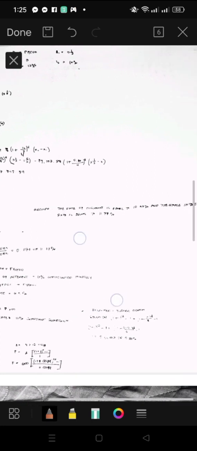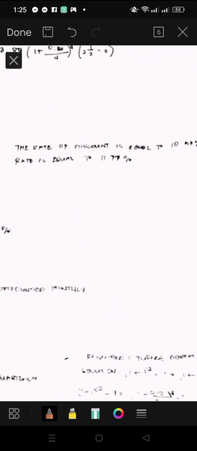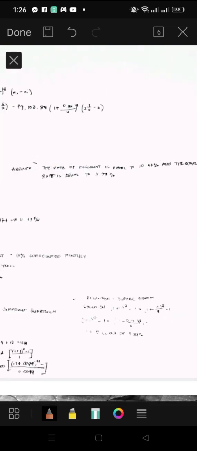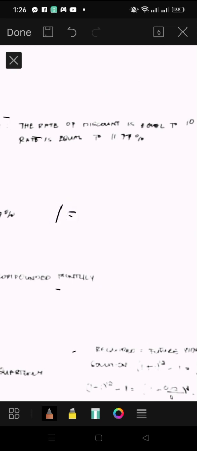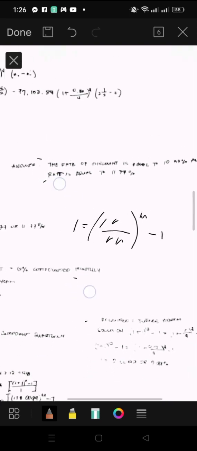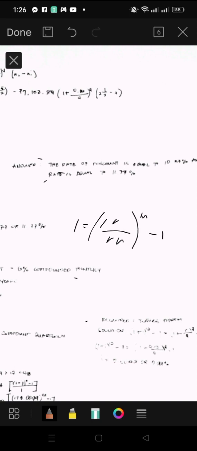So the solution is I equal quantity of 1 plus R over m raised to the power of m minus 1. So we substitute the given: 1 plus 0.06 over 12 raised to the power of 12 minus 1.